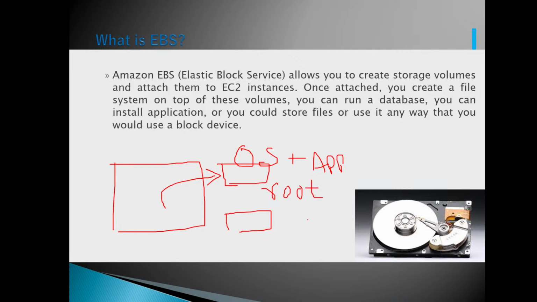This hard disk is generally attached to your EC2 machine or your local machine as well. Apart from that, any other disk you attach will be called an extra or external hard disk. Any device which you attach to your EC2 machine on which you install your OS will be called the root device.